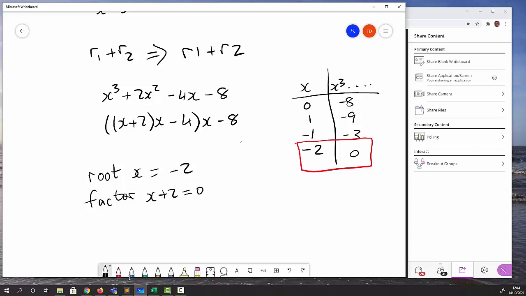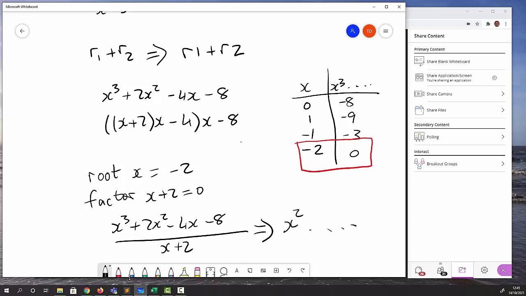So now I'm going to take x cubed plus 2x squared minus 4x minus 8, and divide that by the factor x plus 2. That's going to give me a quadratic, so I'm going to get an x squared and some other terms.